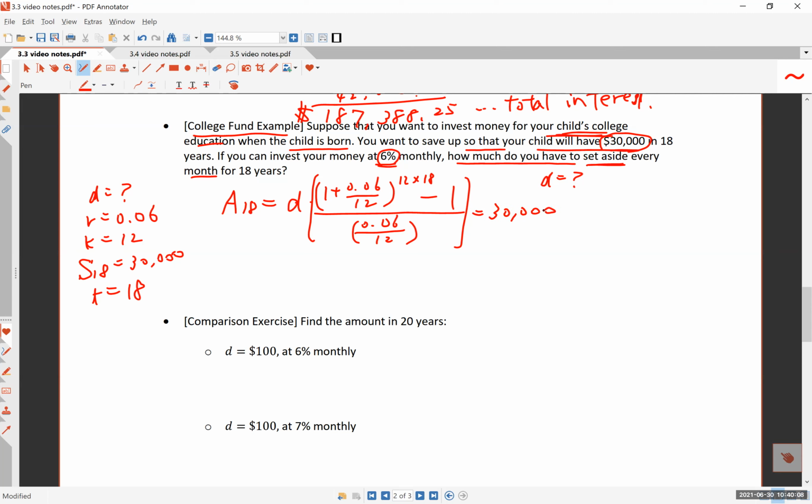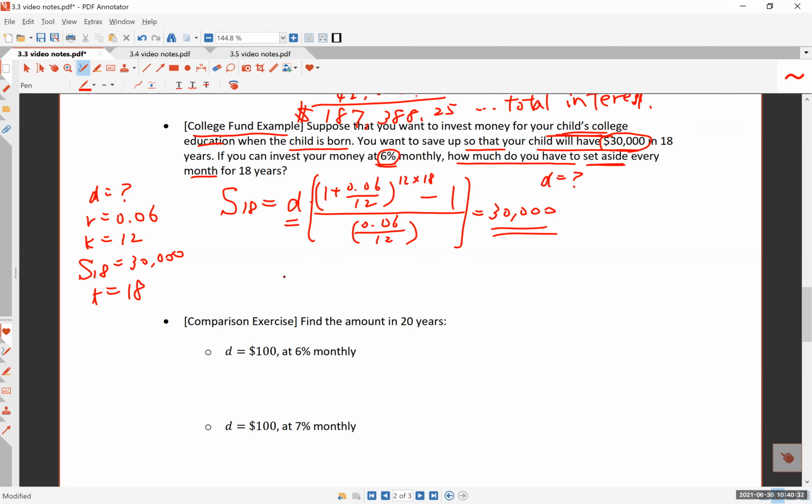So you see the difference? Up to now, we were given D and we were calculating A, but this time we are given the total amount you want, and you're trying to find what D is. How much do you have to set aside every month? Very practical question. By the way, I'm going to change this to S because we have been using S for the sum of an annuity balance.